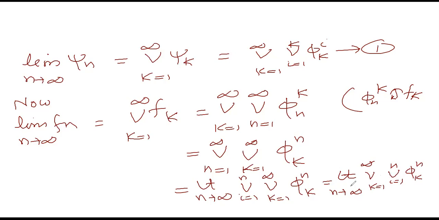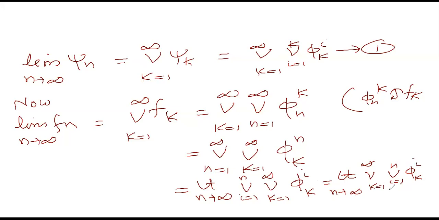Sorry, it's phi ki, because i runs from 1 to n, it's not phi kn, it's phi ki. i is running from 1 to n, okay. Here it is phi ki.